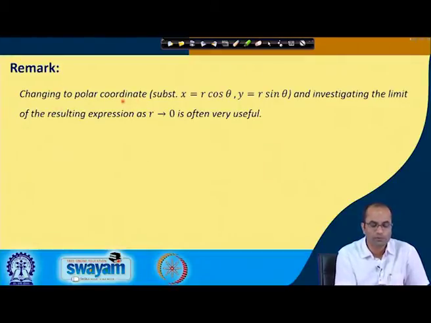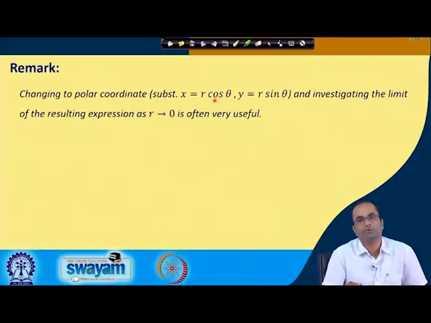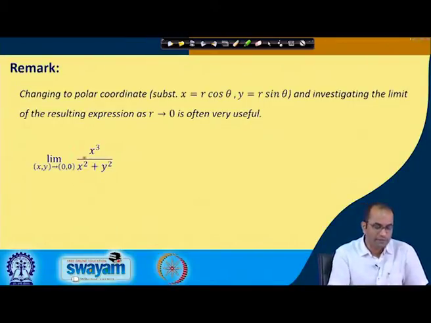Changing to polar coordinates, as we have seen, by substituting x is equal to r cos theta and y is equal to r sin theta, and investigating the limit of the resulting expression as r goes to 0, is very useful, as we have seen in many examples. Like again, if we take the simple example x cube over x square plus y square, we can just change to polar coordinates.